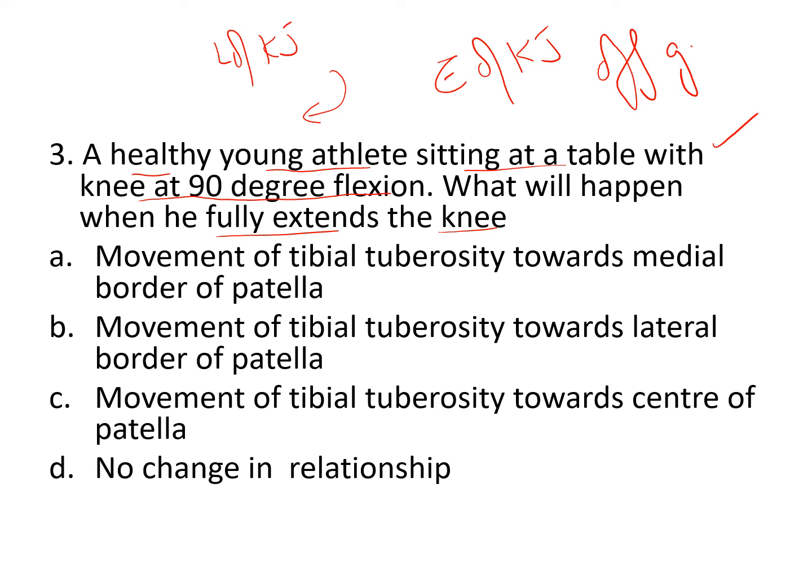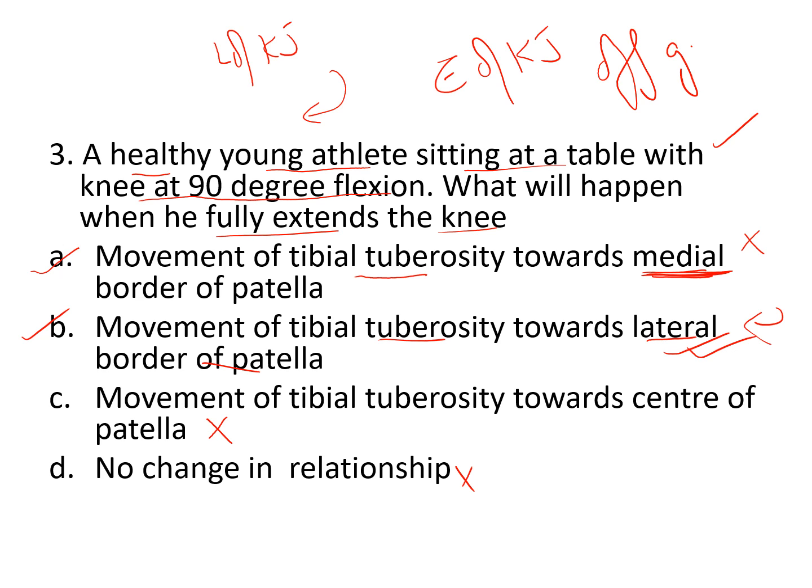So the movement of tibial tuberosity towards the medial border of patella is wrong. Here they are meaning that the tibia is moving medially. That is not the answer. Movement of tibial tuberosity towards the lateral border of patella. This is correct because they are meaning that tibia rotates laterally. Movement of tibial tuberosity towards the center of patella, no change in relationship.